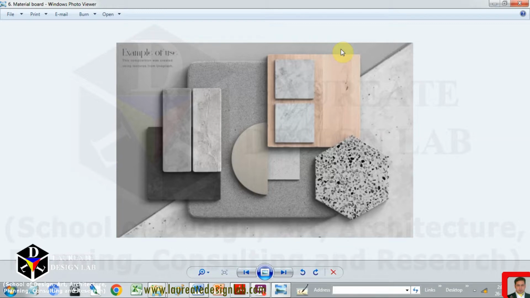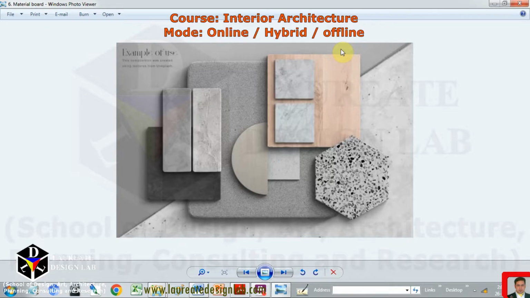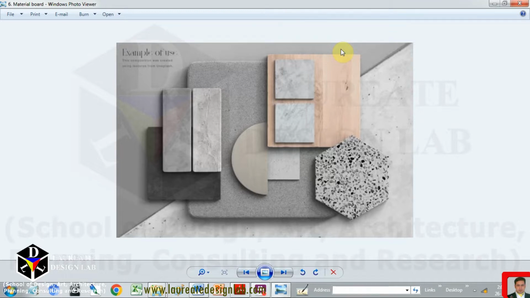So as a designer, you do it in a certain way. If you talk in terms of a contractor, if you are a contractor of a specific thing, or maybe two or three things together you supply or design for your client, suppose you are doing partition, fall ceiling, flooring, so you'll have a material board for these things only.